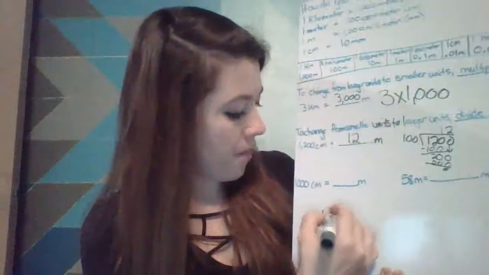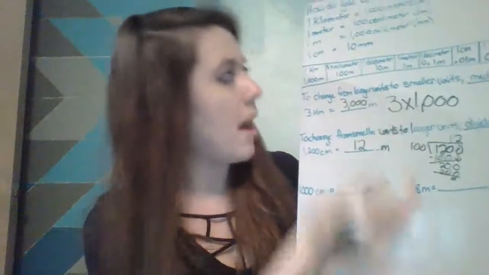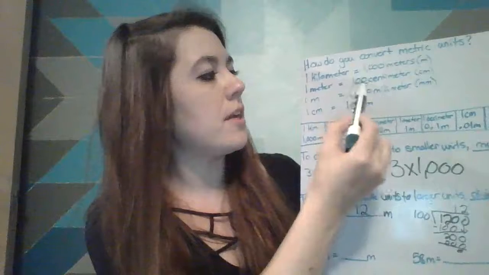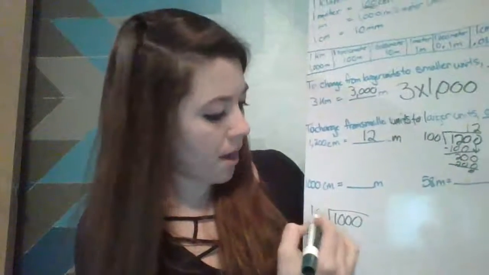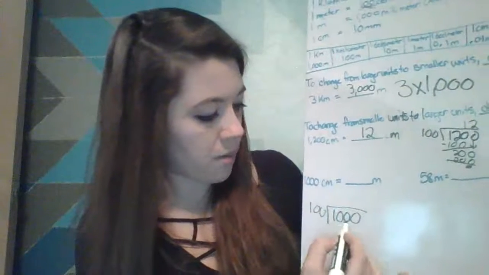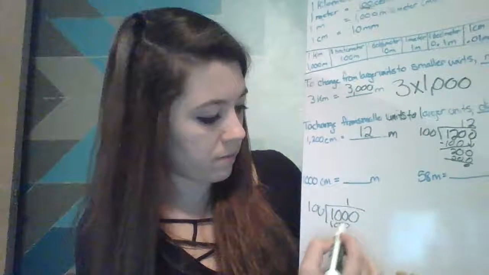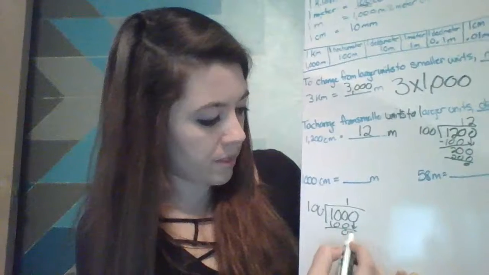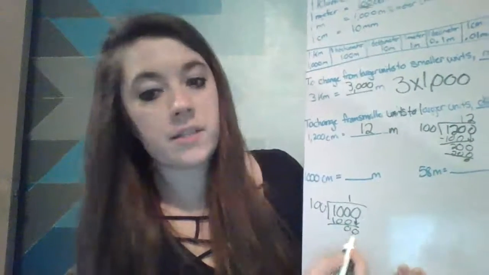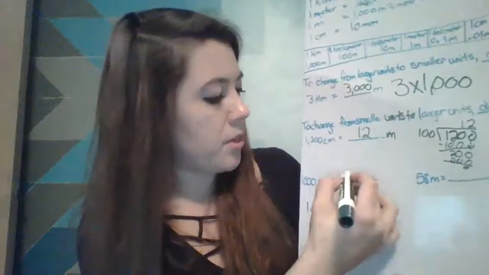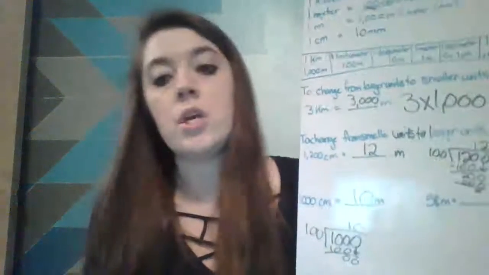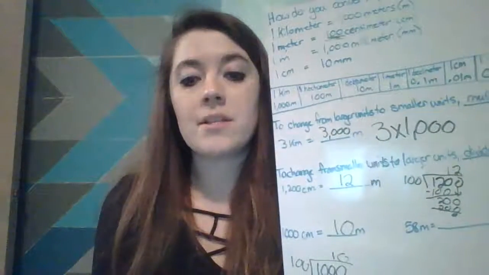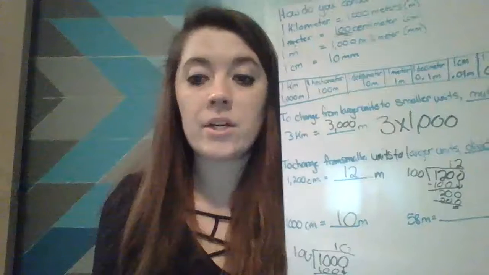We're going to have the 1,000 divided by 100, since there's 100 centimeters for every 1 meter. 100 can fit into 100 once. Bring down the 0. 100 can fit into 0 zero times. So it's 10 meters. So 1,000 centimeters is the same thing as 10 meters.